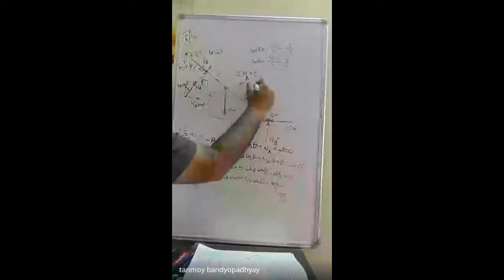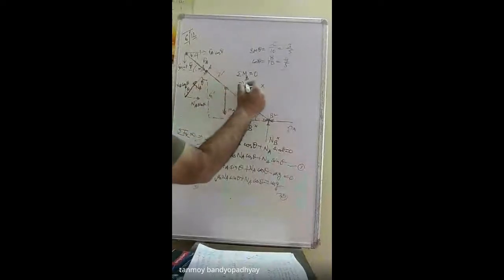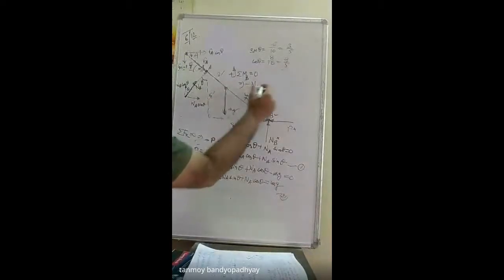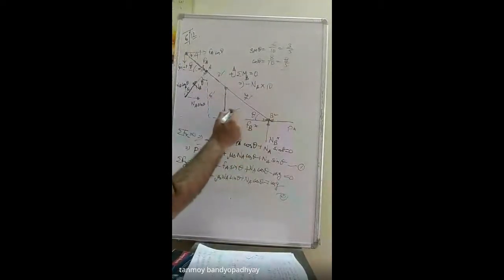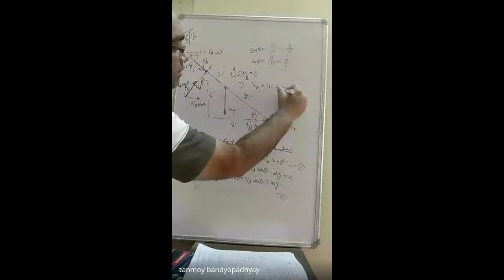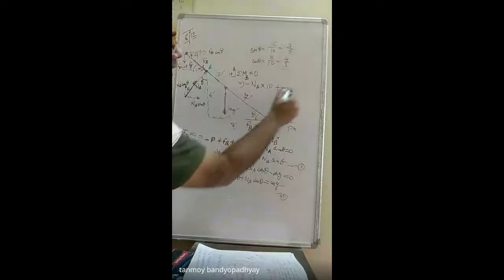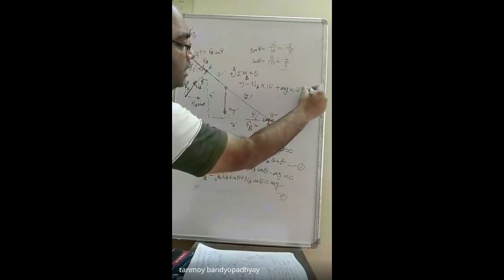So NA will be having a component and mg will be having a component, so NA componentটা কত হবে, so এটা is already perpendicular, so it should be NA into, so NA টা দেখো it's giving, I think, a clockwise moment, so minus NA cross, this one is 10. And mg is giving an anti-clockwise moment, so plus mg into this will be 7 cos 30, I think. So this will be 7 cos 30 is equal to 0.